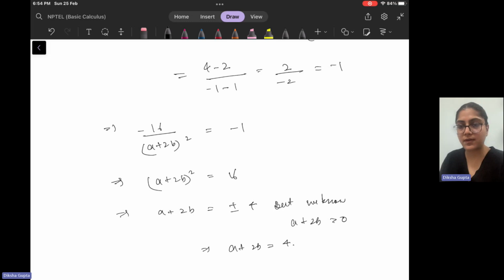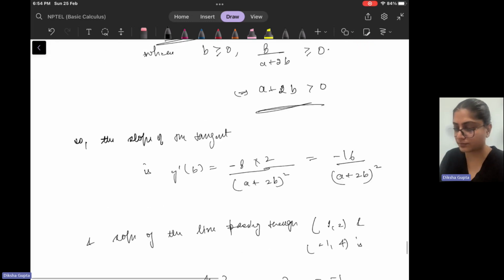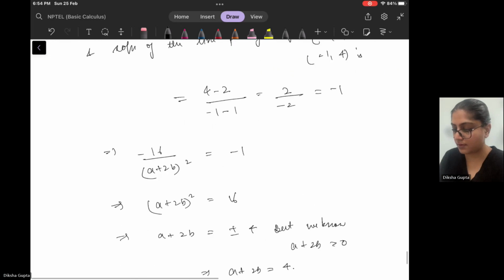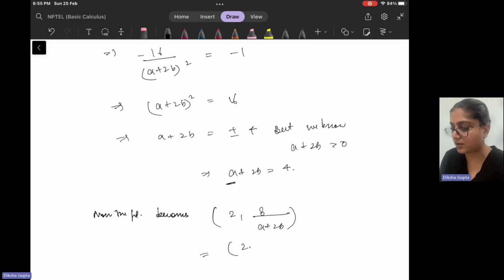Now our task is to find the value of a. So we have one more condition, which is that this point also lies on the curve. Now the point becomes (b, 8 upon a plus 2b), equals (b, 8 upon 4), equals (b, 2).